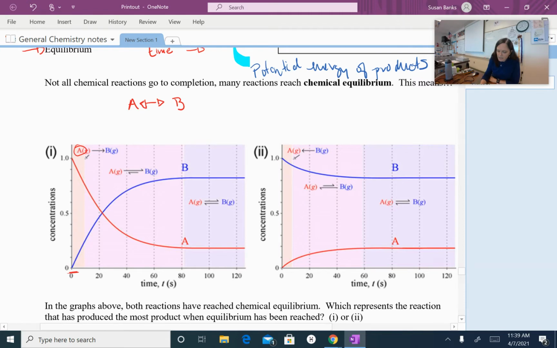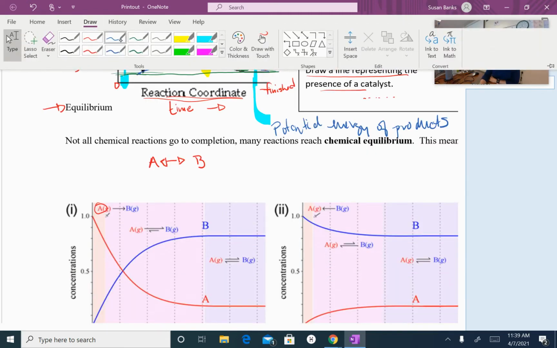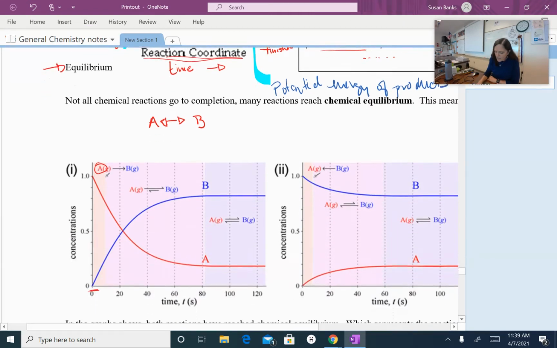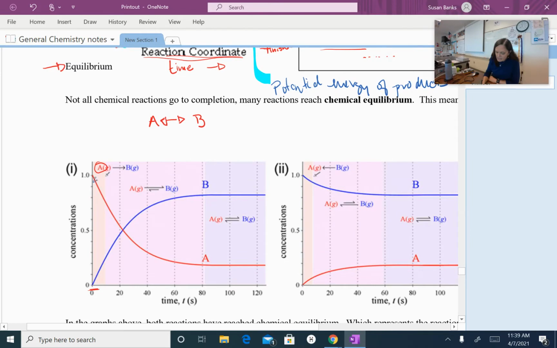As A gets used up to make B, notice my concentration of B starts going up because I'm using A to make B. At the same time, my concentration of A keeps going down because A is being used to make B.